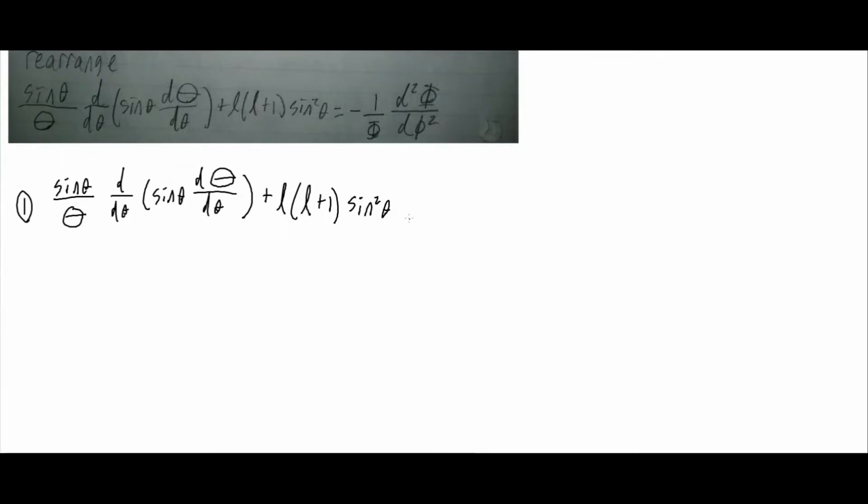That will be sine of theta over our large theta, which is our function here, times d d theta acting on sine of theta d large theta, drawn even larger so it can be seen to be the function changing with respect to the independent variable, plus our L times L plus 1 sine squared theta, and that will be equal to some constant which we are going to call m squared.